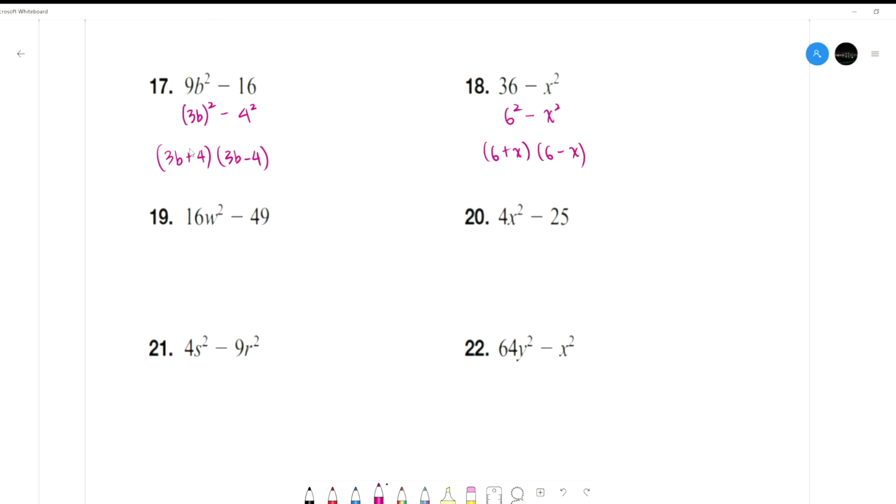So 16w squared, that's (4w) squared, minus 49 is 7 squared. So that means this is (4w plus 7) times (4w minus 7). Any questions with those? If not, I'll give you some time to work on the next three.